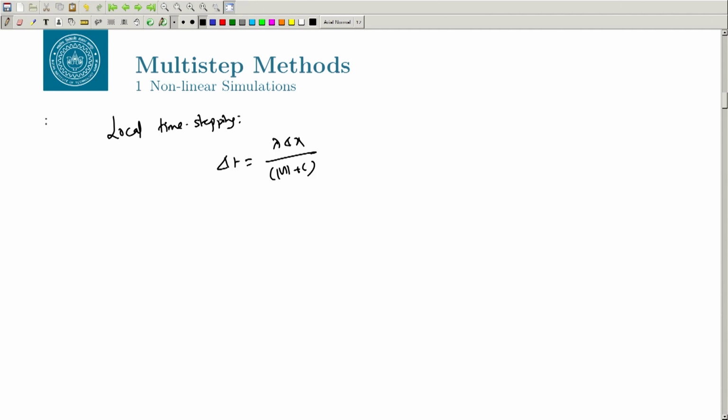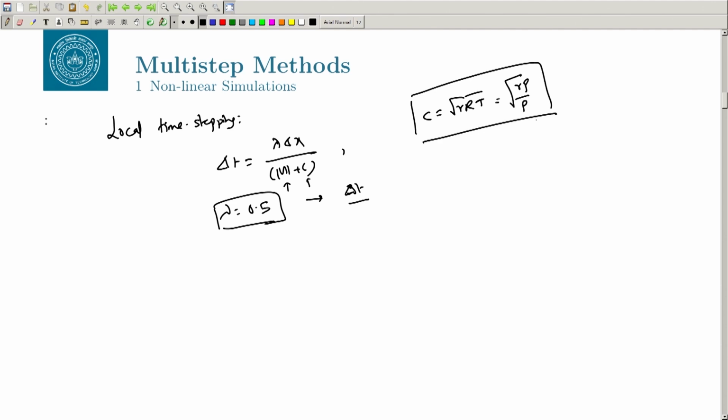And you can fix the lambda, let us say you fix the lambda equal to 0.5, lambda is your CFL number. Get the delta t every time, which will change every time, because your u is changing every time, c is changing every time. c is the speed of sound, which is nothing but square root of gamma R T or square root of gamma p by rho for an ideal gas flow.